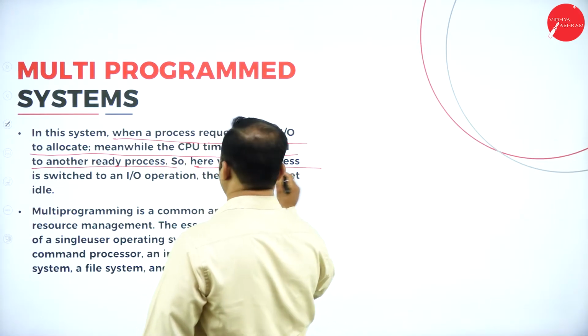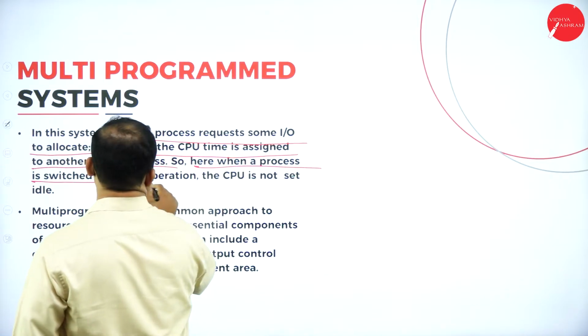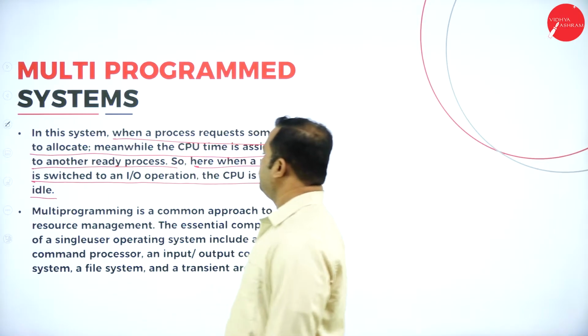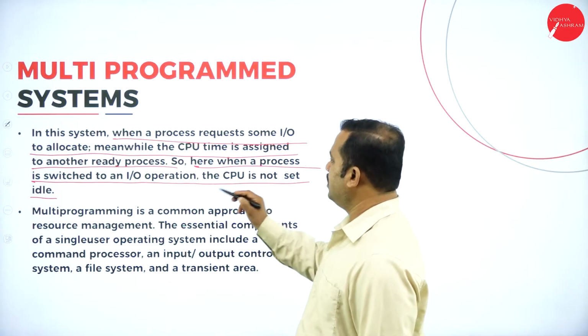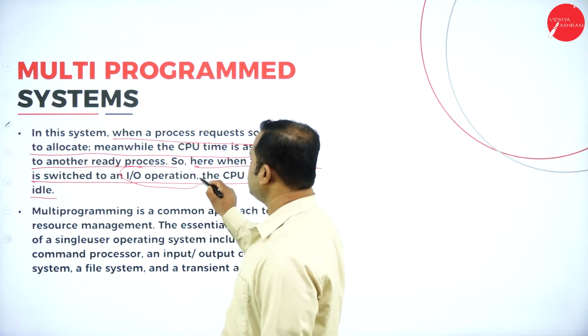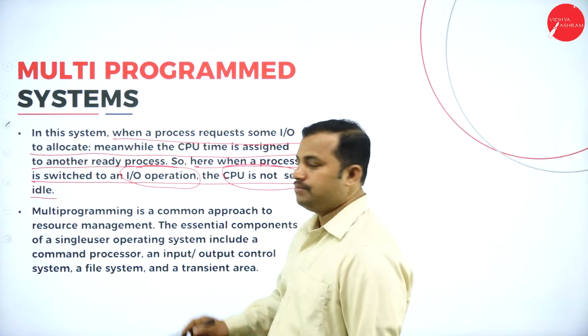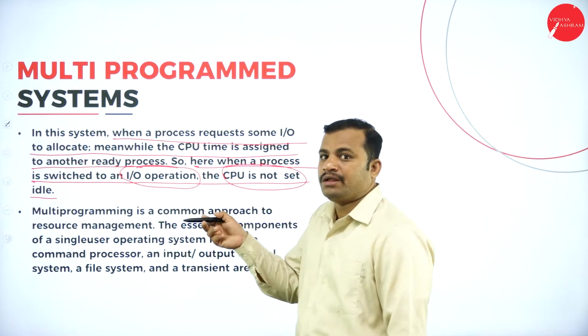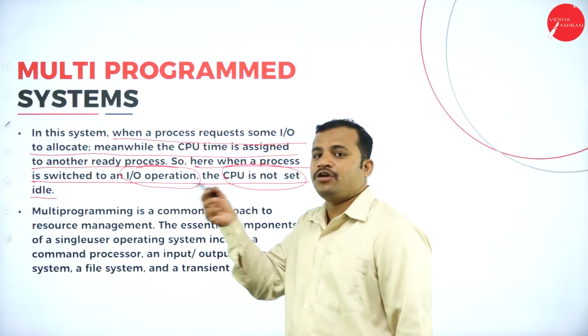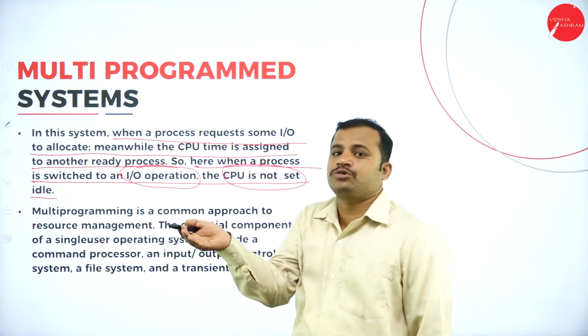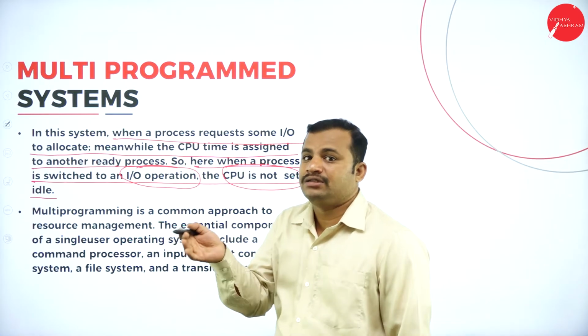So, when a process is switched to an I/O operation, the CPU is not kept idle, because the CPU can be made available for another process which is waiting for the CPU operation, so that the two processes are executed at the same time.